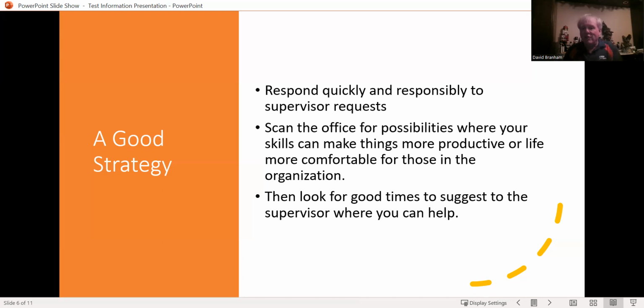So if you see things that you can help on, just tell the supervisor, I can help with that, I have the ability to do this, and so forth. That's a good strategy in the office, to be proactive on these things. Look for things you can help on, suggest it to your supervisor, and respond quickly to anything your supervisor requests.